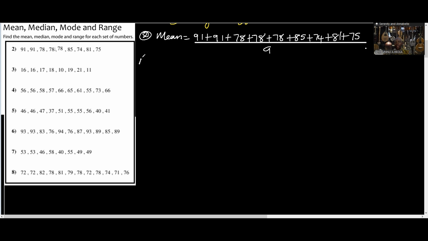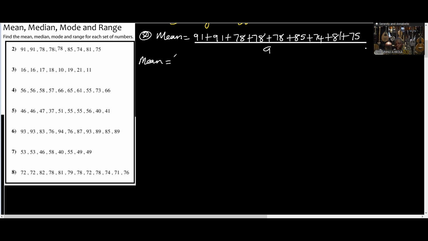Now we got to add all these numbers together. Let's do that quickly. We have 91 plus 91, that's 182.